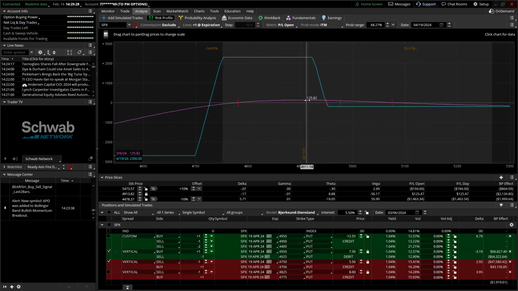So the longer you hold, the more risk you're taking that if the market makes a big move, your P&L swing is going to be pretty drastic, right?